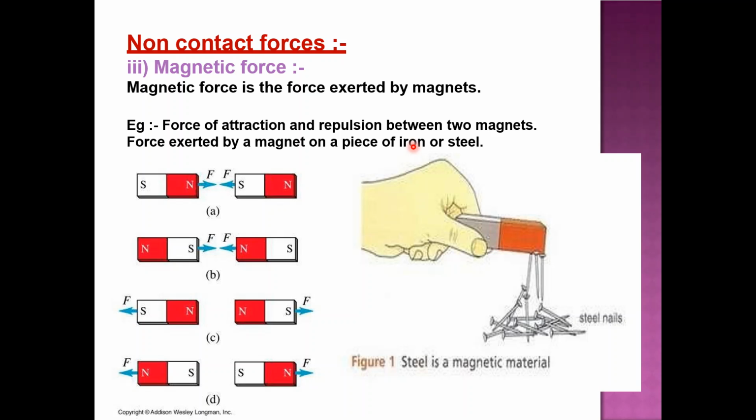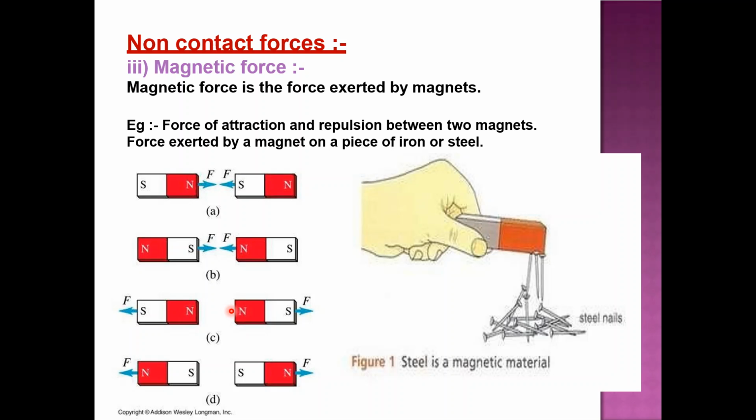This force is used in cranes to lift heavy loads, to separate iron objects from garbage, etc. Here, students, opposite poles of magnets attract each other and same poles of magnets repel each other.